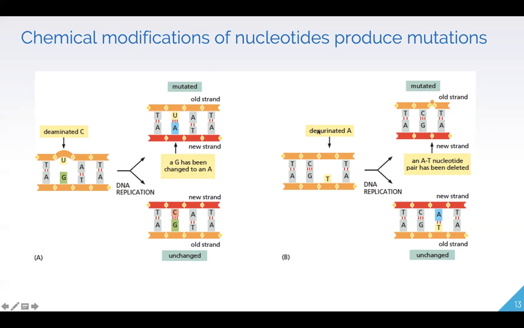Similarly, if you have a depurinated adenine, an adenine that has lost its nitrogenous base, and this strand separates before you put in the correct base, this will have nothing to pair with. And so you'll end up with a deleted base.